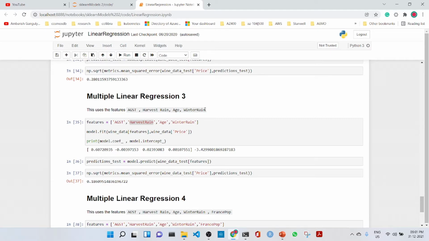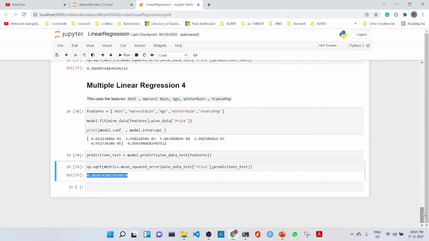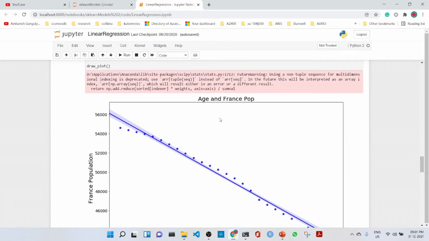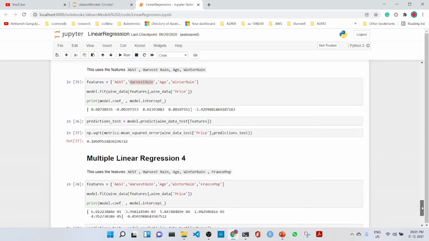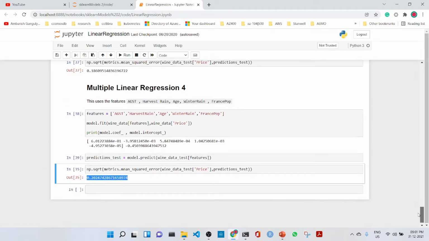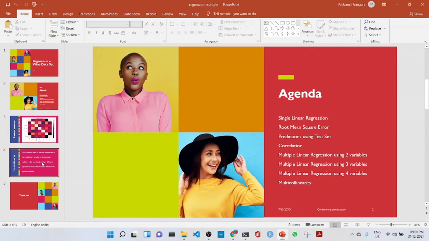So adding France population actually increases the error. This is because age and France population are very correlated, and this condition is known as multicollinearity. Let's explore it with a theory.